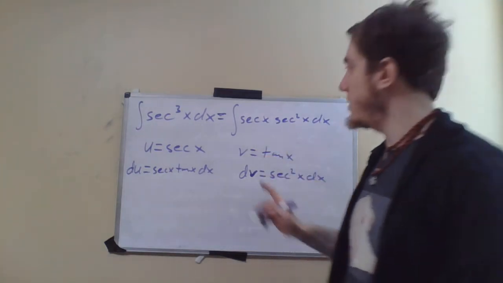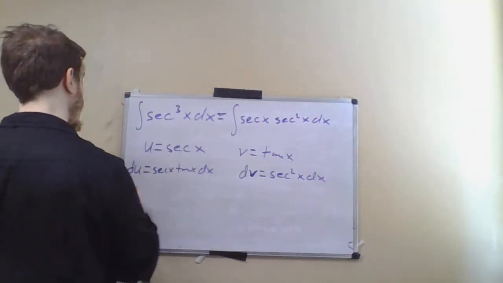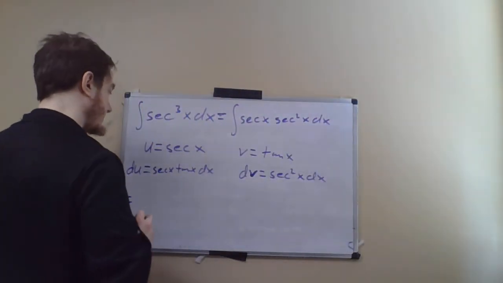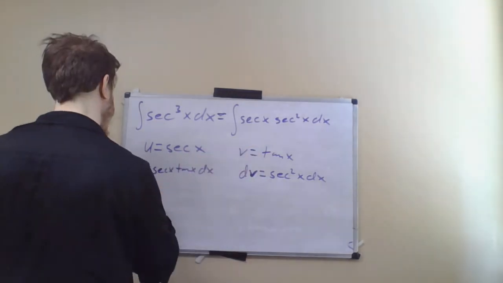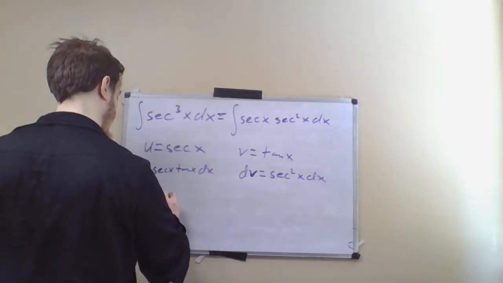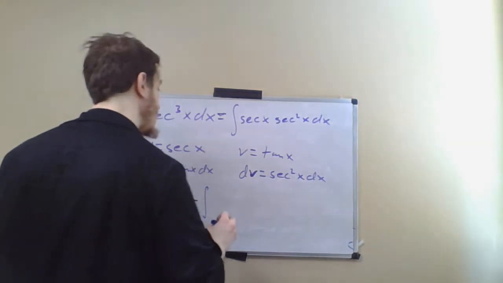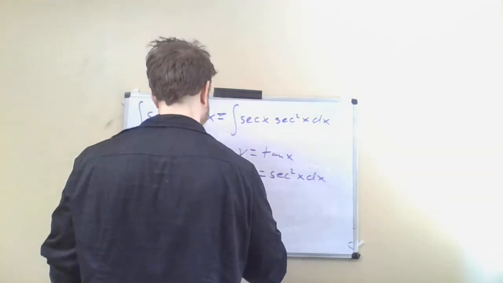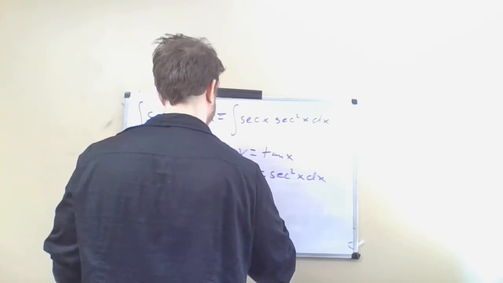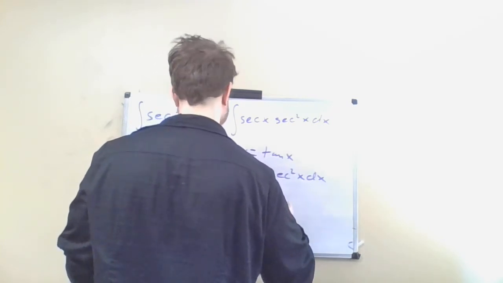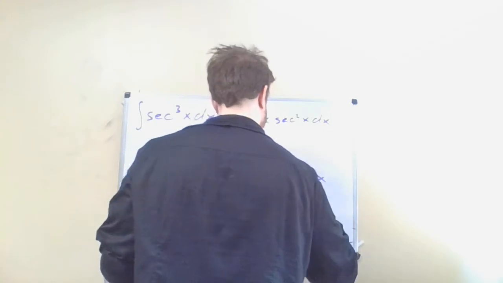And then that means I can rewrite my original integral as u times v, so this is secant x tangent x, minus the integral of v du. So this is going to be tangent squared x times secant x dx.